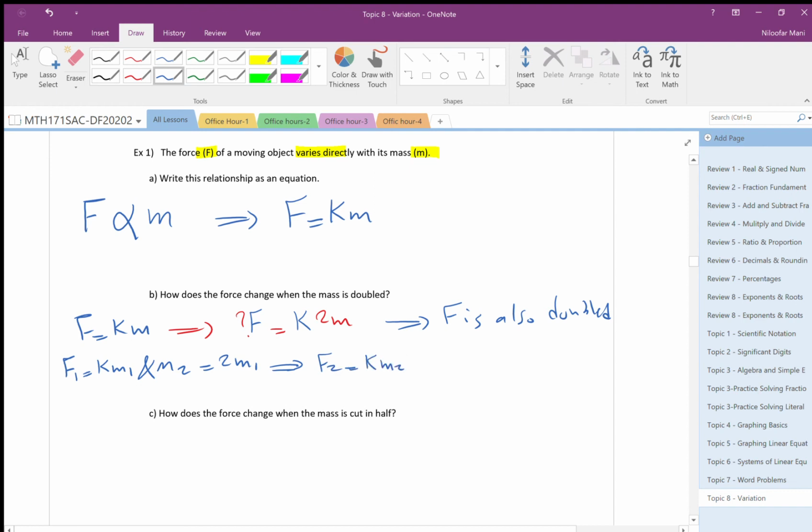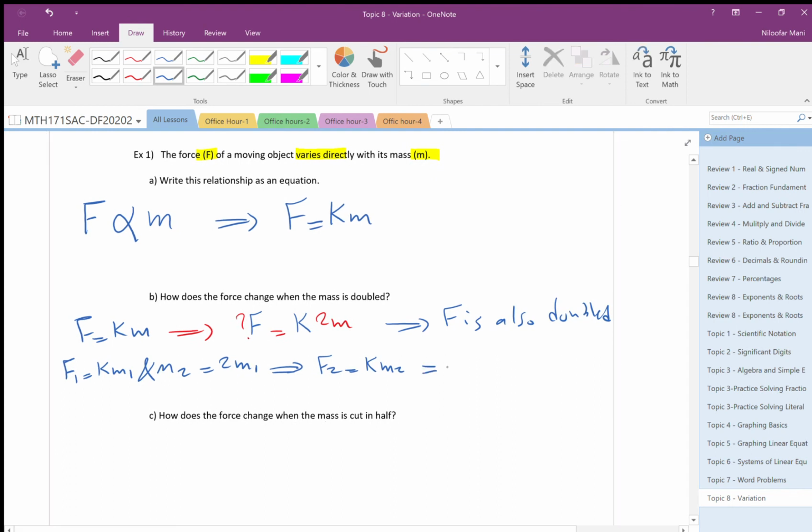This is the formula that you have for every situation: M1, F1, M2, F2, M3, F3. So F2 is Km2. What is M2? It is 2M1. So this is 2Km1. What is Km1? That's F1, so F2 is 2F1.